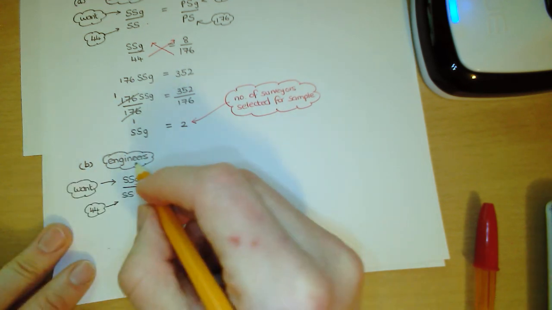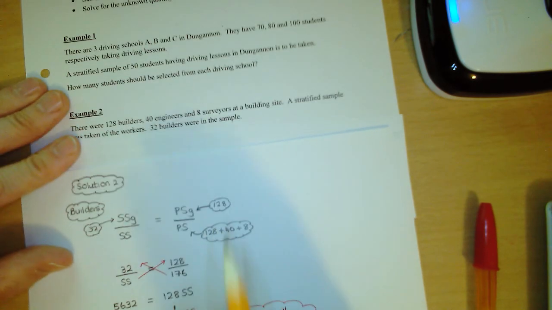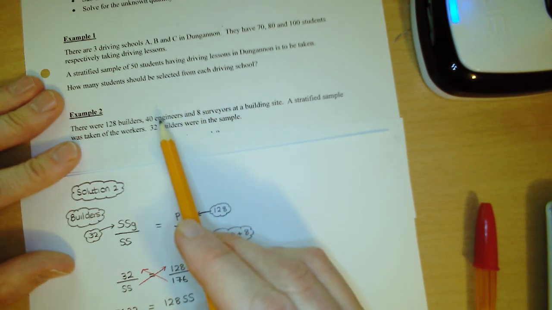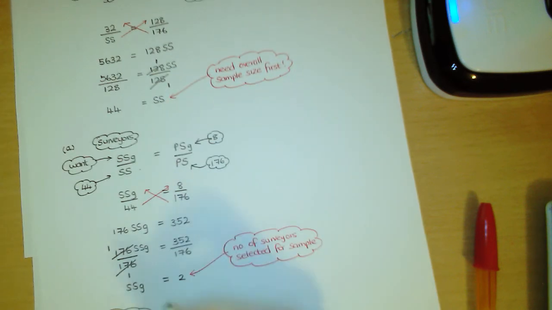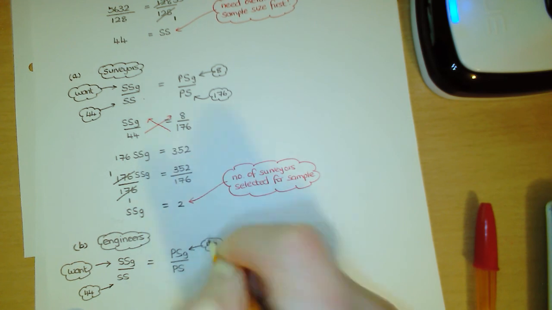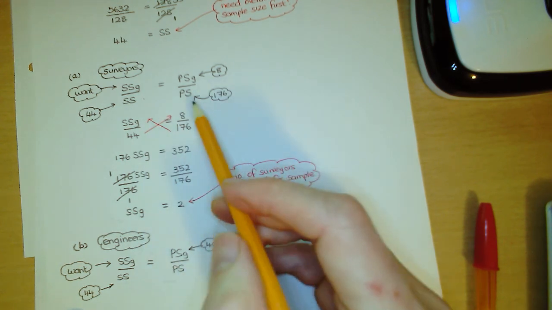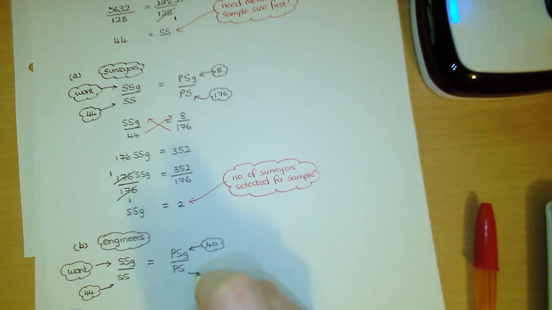The population size of the engineers group, if you go back to the question here, was 40. There's 40 actually there. And again, the population size is the same as what the population size was in the previous part, so it's 176.